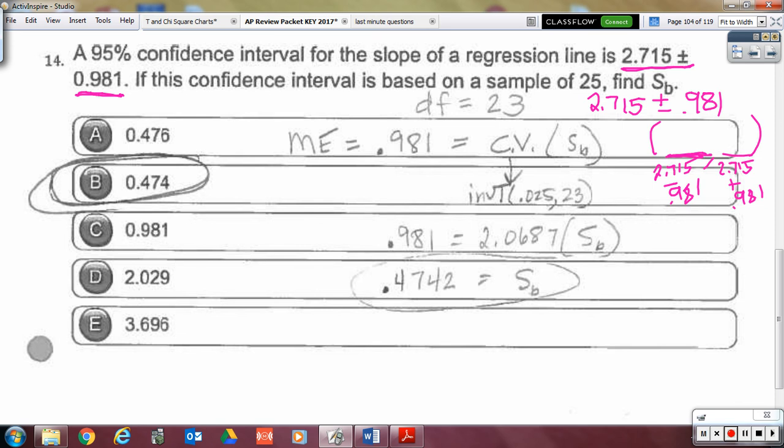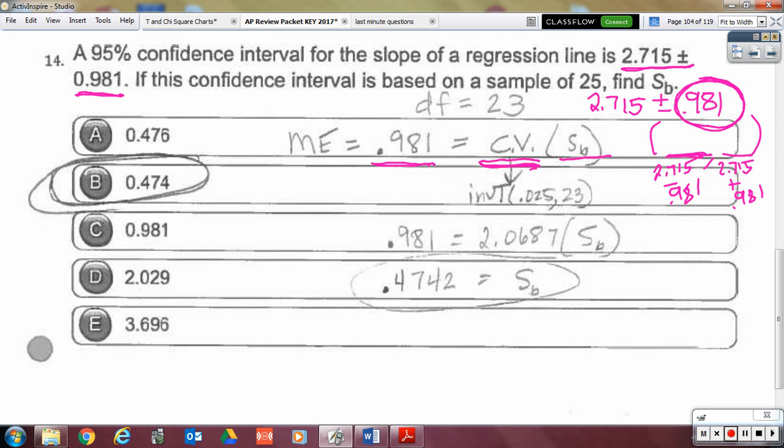Okay. But anyway, based on this, the margin of error is 0.981, and the margin of error is your t-star times your S of B. So you know the margin of error value is 0.981. You know t-star is inverse t of 0.025 comma 23 degrees of freedom.